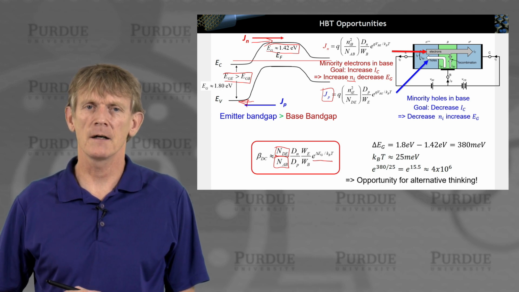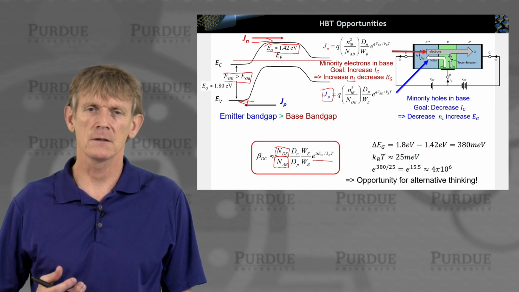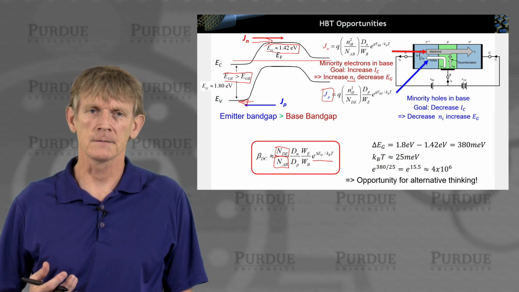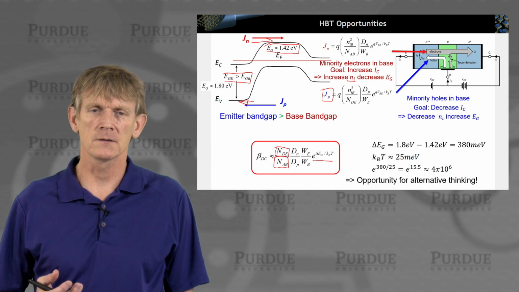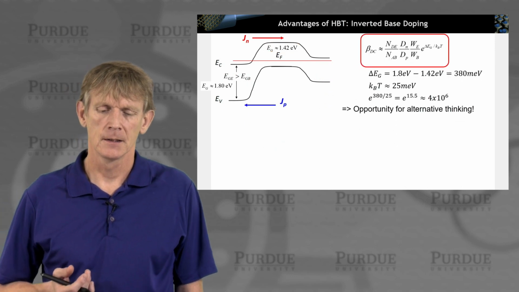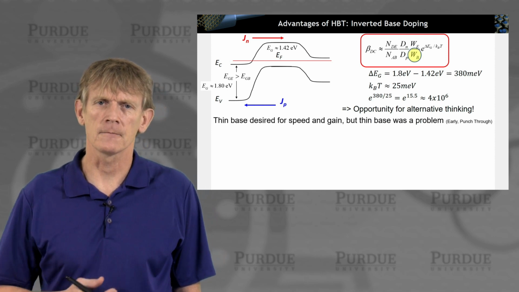You can have opportunities for alternative thinking on how to optimize your transistor, because you have this tremendous knob which allows you to crank up beta, and maybe you can trade in some things that you wouldn't want to do before. Okay? All right, so let's look at these opportunities for alternative thinking.